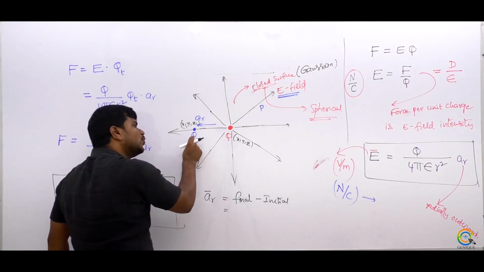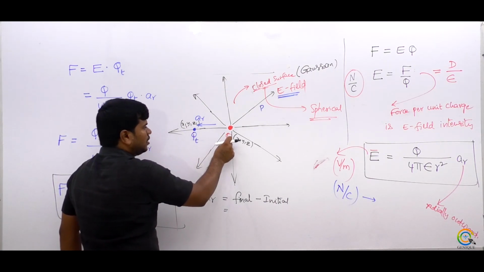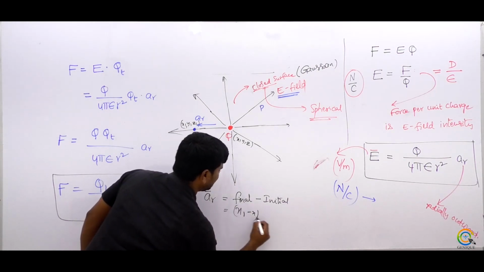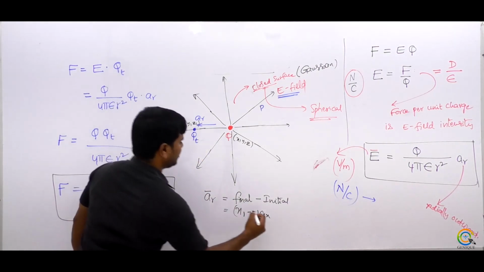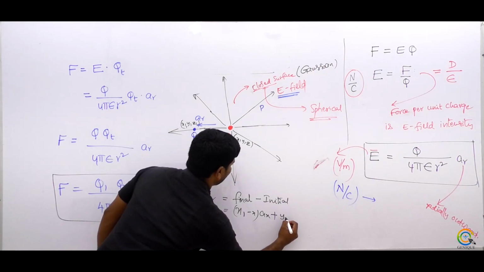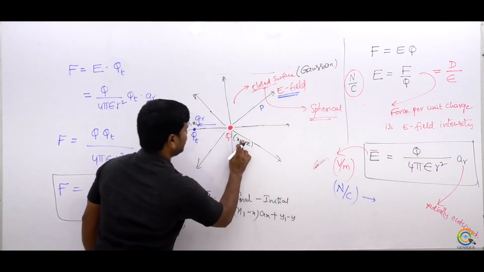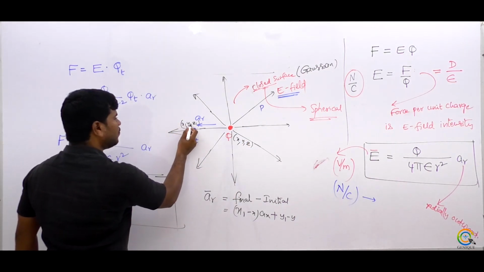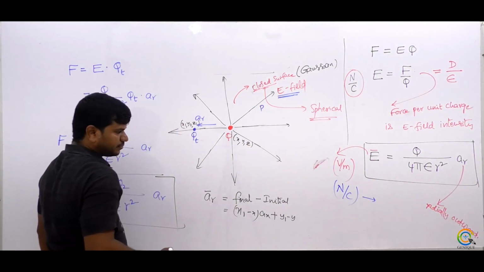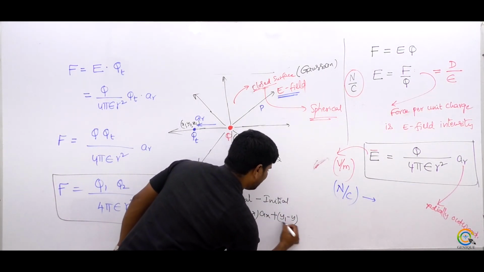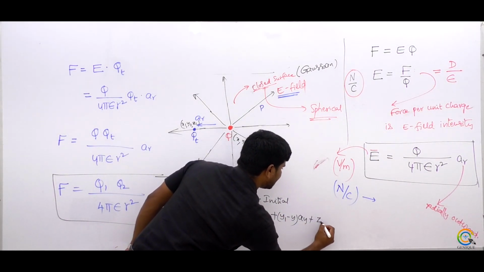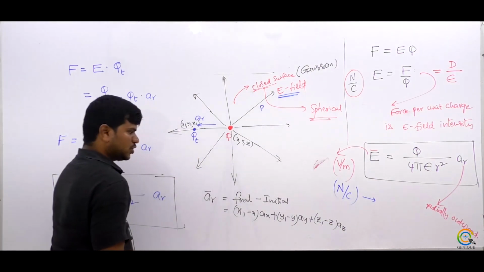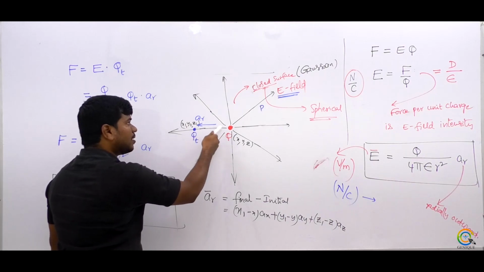The force on QT due to this is equal to (x1 minus x) into ax, plus (y1 minus y) into ay plus (z1 minus z) into az, where this is x, y, z and this is x1, y1, z1. So this is the vector directed from here to here.